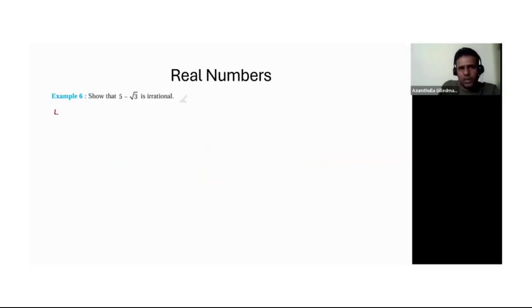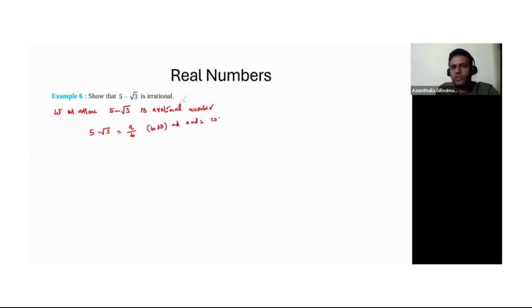So same thing. Let us assume 5 minus root 3 is a rational number. So we are following the contrary. Then, can I write 5 minus root 3 as A by B, where B is not 0 and A and B are coprimes?